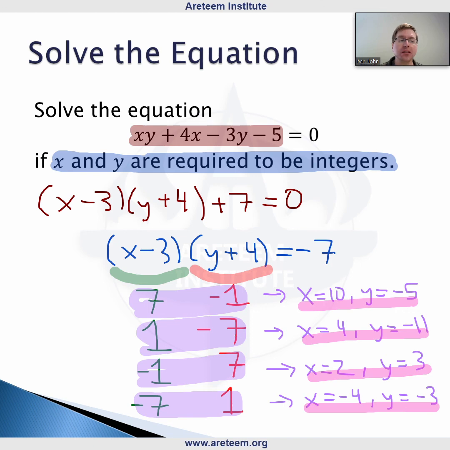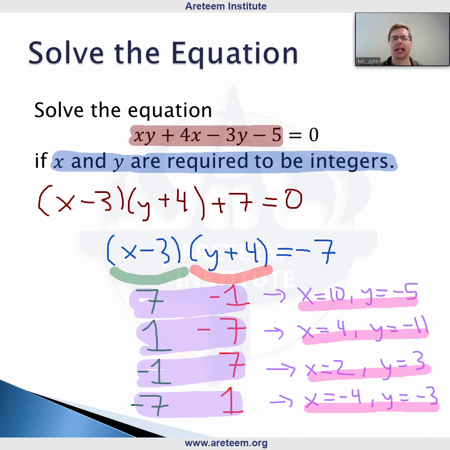If 7 wasn't a prime number, this would still work, but we would have more possibilities. If instead of 7 we had 8, we would have 8 and 1 or 2 and 4, things like that. So there would be a lot more possibilities for x and y, but the idea and our strategy would be exactly the same.